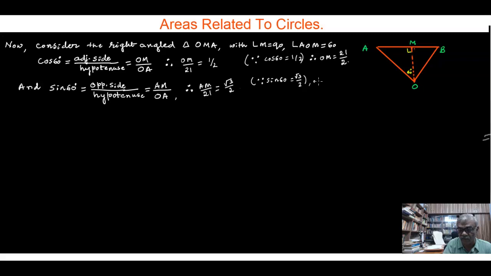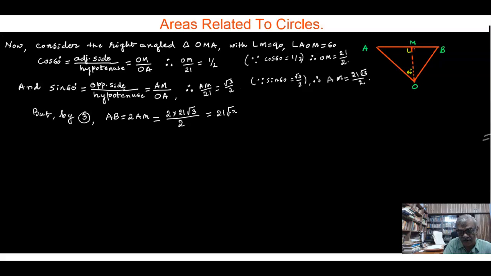Therefore AM equals 21 into root 3 by 2 centimeters, and hence AB equals 2 AM, which equals 2 into 21 root 3 by 2, that is 21 root 3 centimeter.